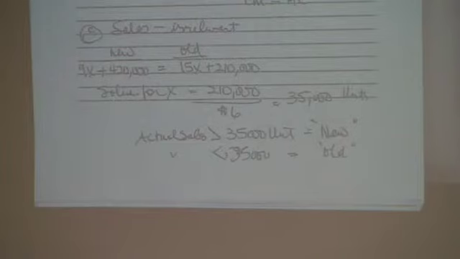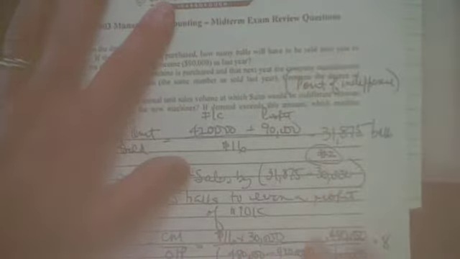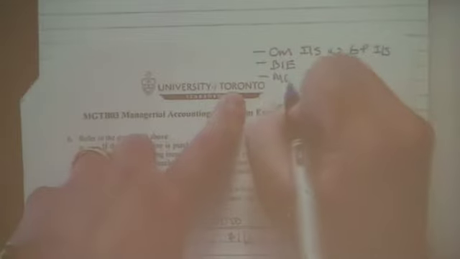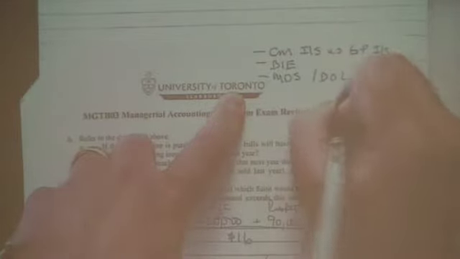And it may also be prudent to know the contribution margin format. So in summary, contribution margin income statement versus gross profit income statement. You have to know that. Break even, MOS, DOL.